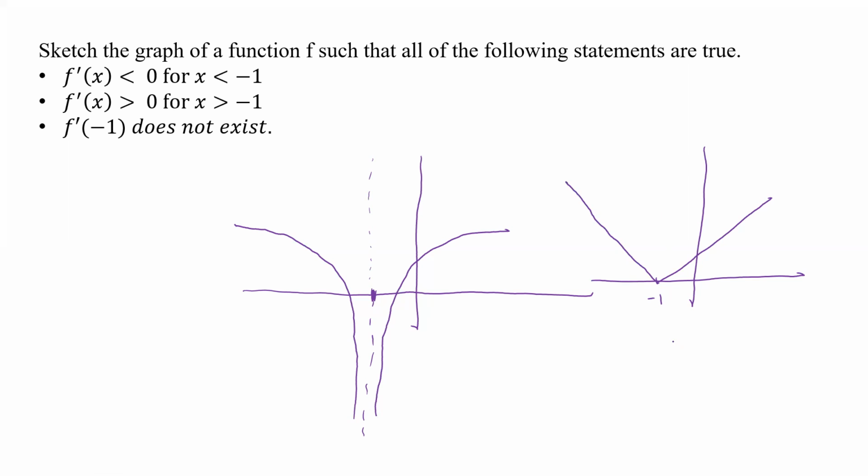And so at that point, it does not exist. And so that would be another way to do it. So we could have smooth curves like this going up, or we could have this pointed curve. It's not smooth, it's pointed. And so there, it would not exist as well. So the asymptote or the pointed corner, either one of those will give you that the derivative does not exist.